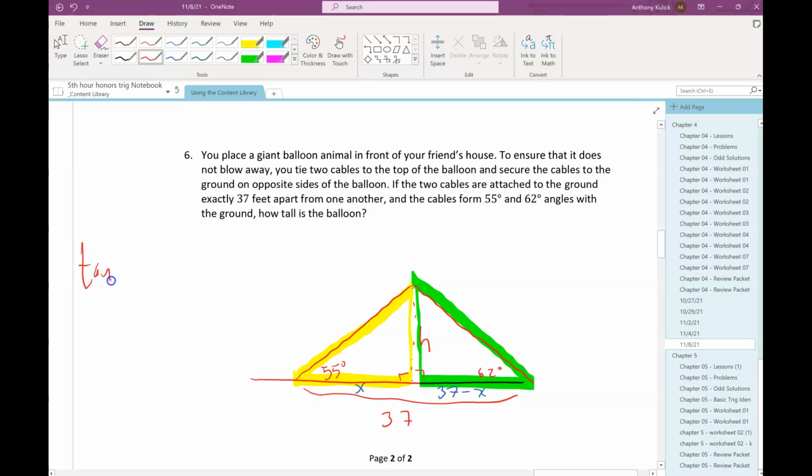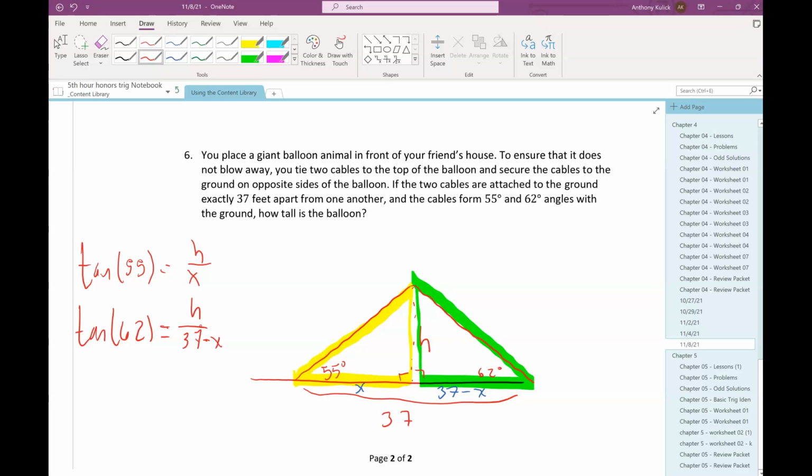So I can say tan 55 is equal to opposite over adjacent. And then tan 62 is equal to opposite over adjacent. So far, so good. Okay.